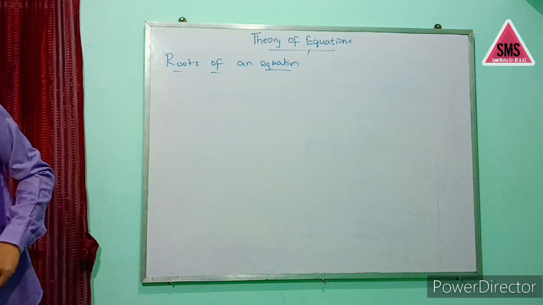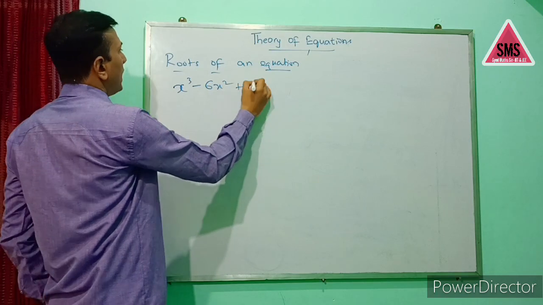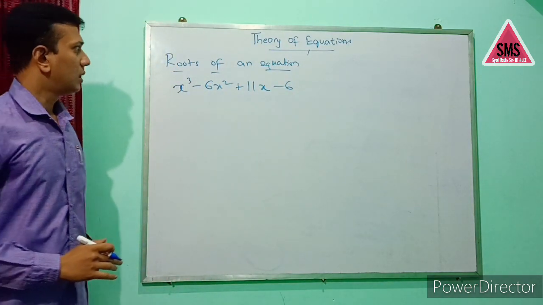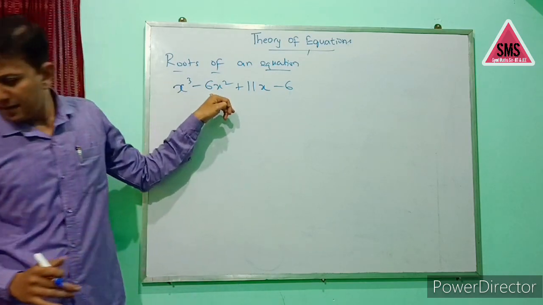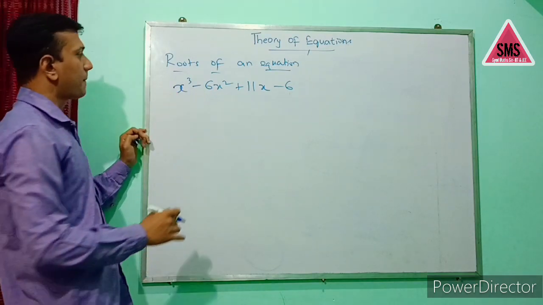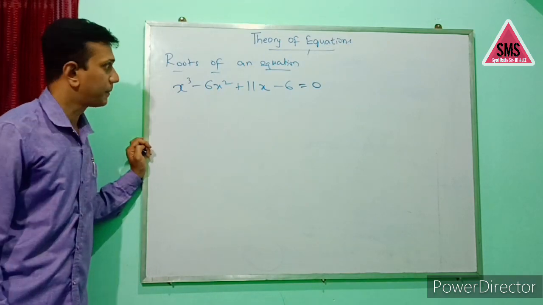So we will take x cube minus 6x square plus 11x minus 6 equals 0. We have to find the roots of the equation.